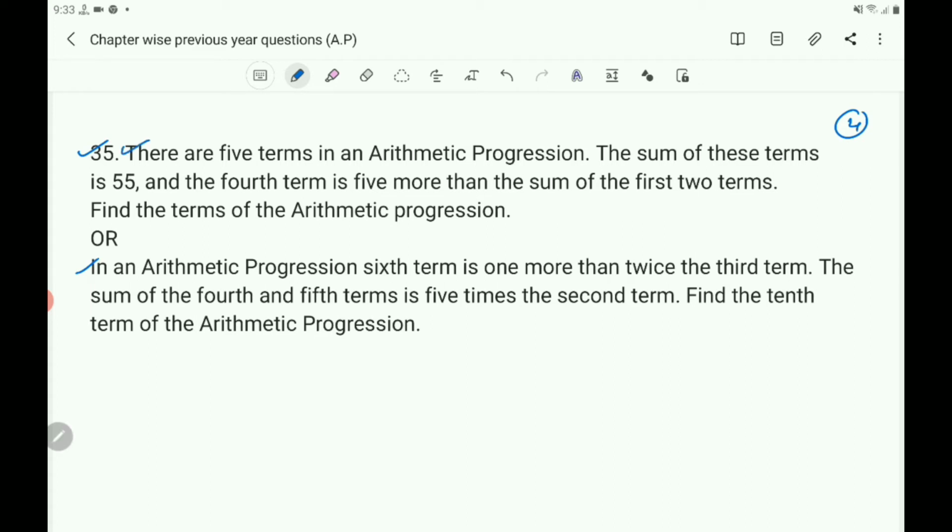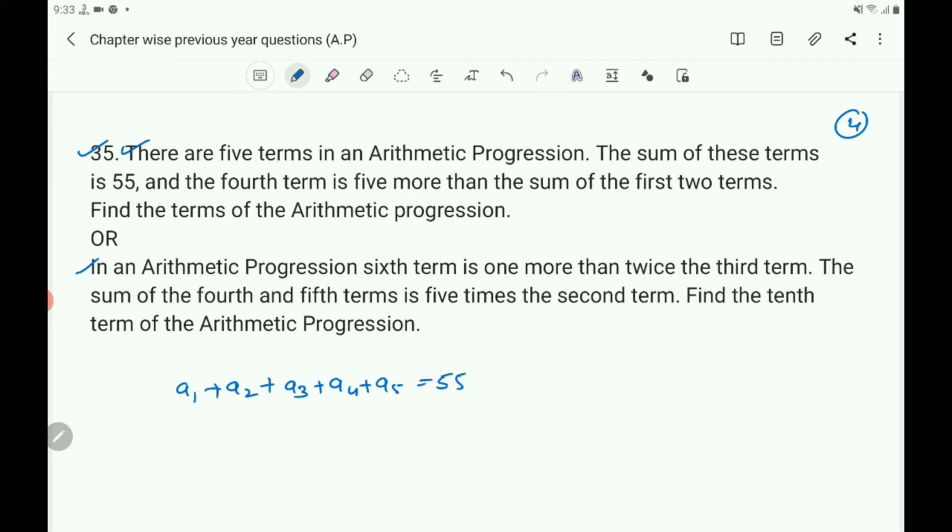Now you take this one. There are 5 terms in an arithmetic progression. The sum of these terms is 55. So let us take the 5 terms are A1, A2, A3, A4, A5. So the sum of that 5 terms is equal to 55.